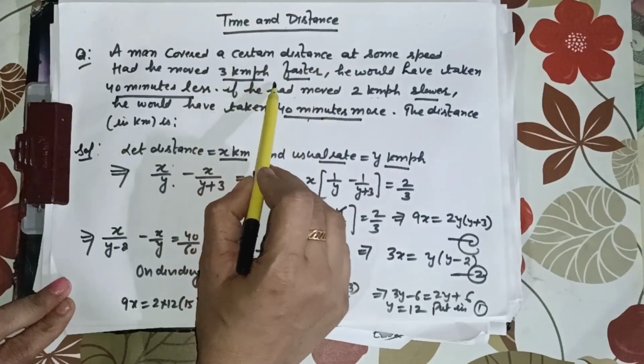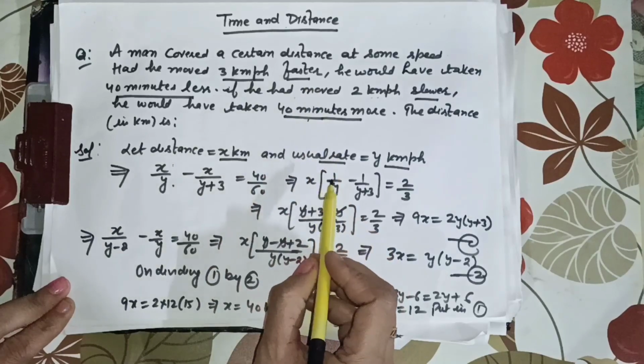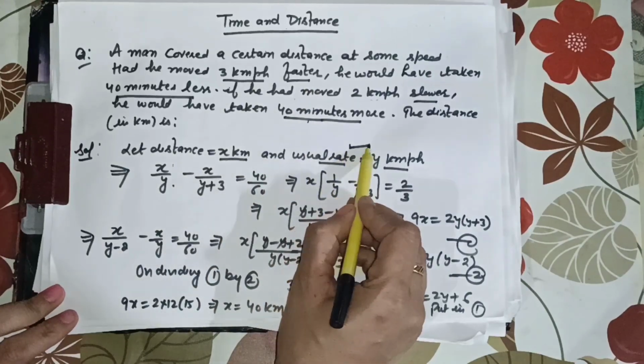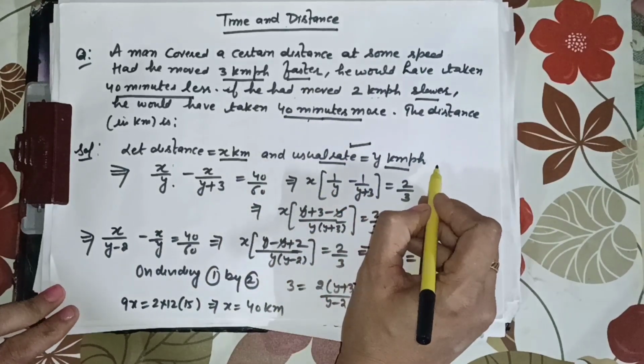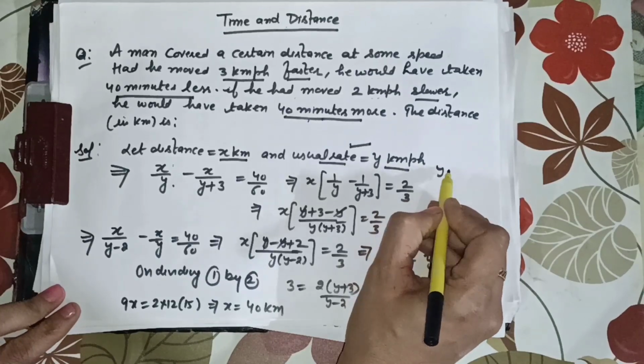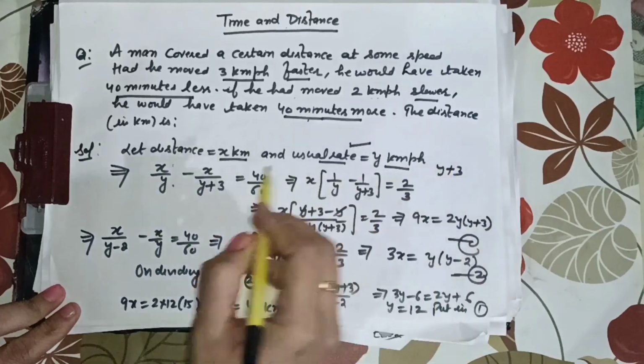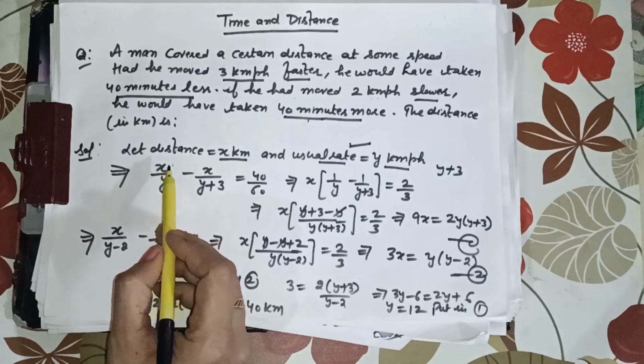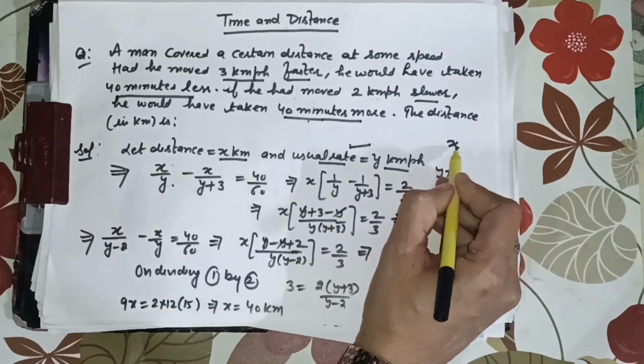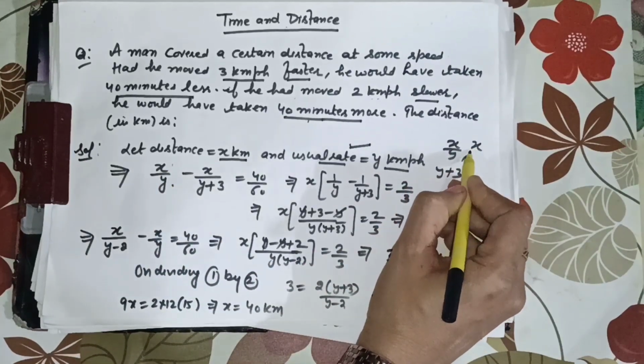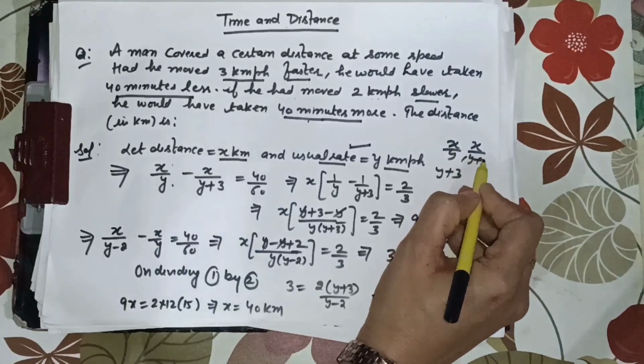Had he moved 3 kilometers per hour faster, that means if the usual rate is y, the faster speed is y plus 3, then the time will be x over y, and then time will be x over y plus 3.